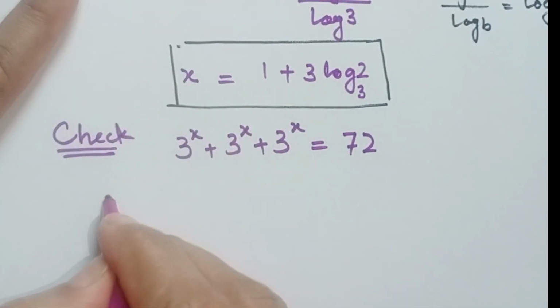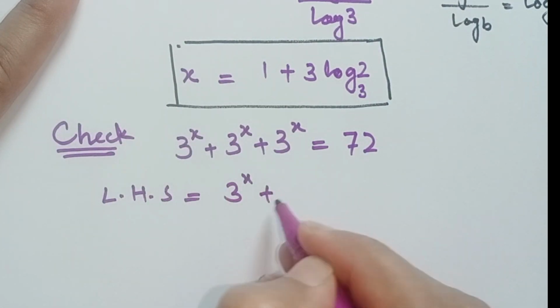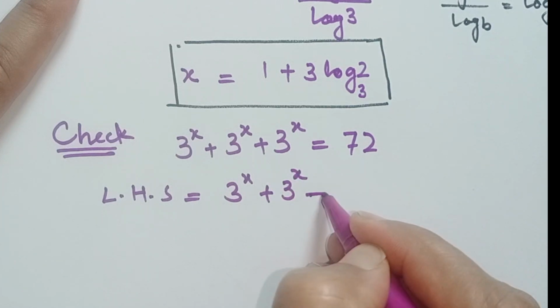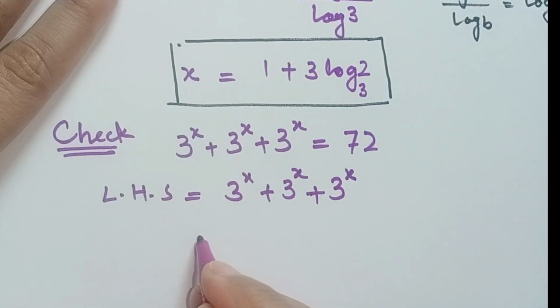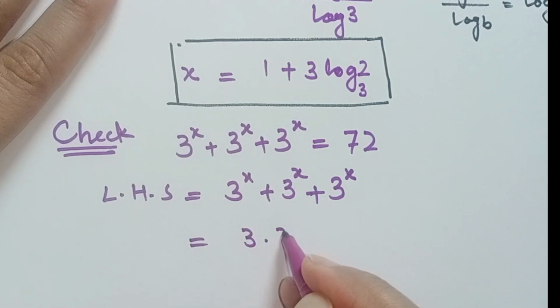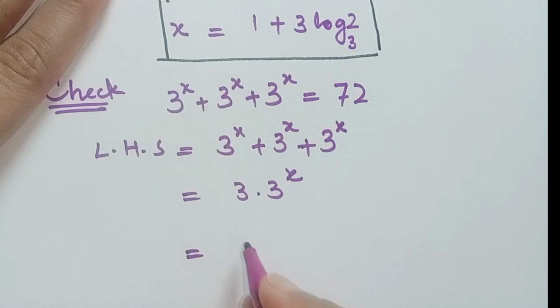We will take the left hand side of this equation. Left hand side is equal to 3 power x plus 3 power x plus 3 power x. So we know that we can write them as 3 times 3 power x. So plug in the value of x.